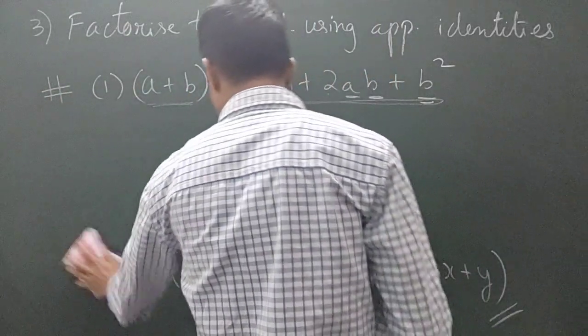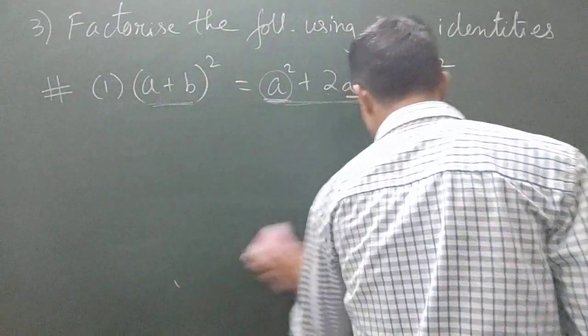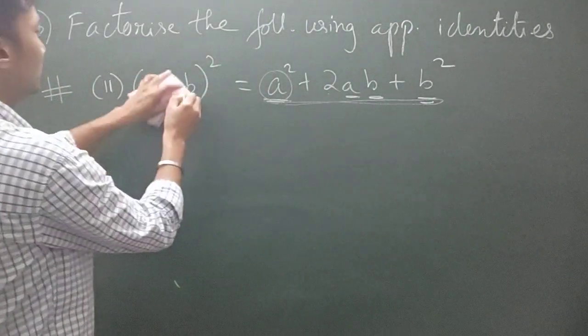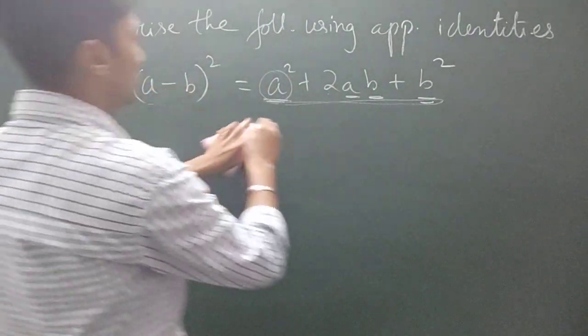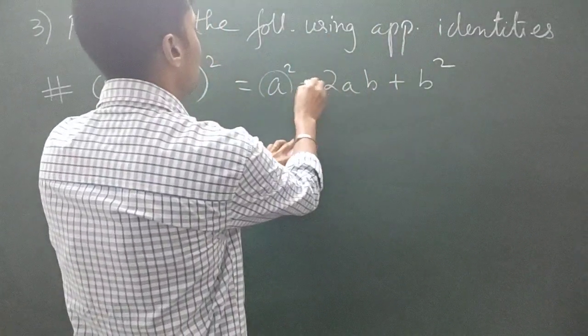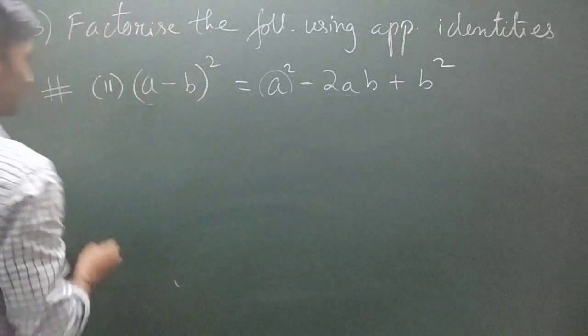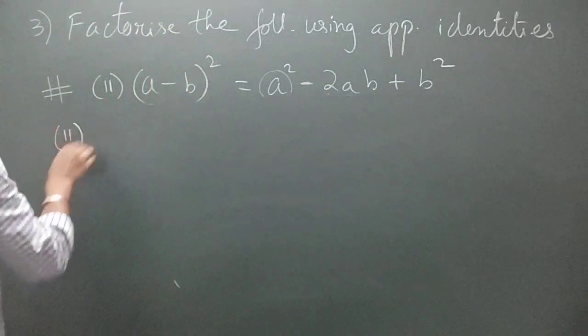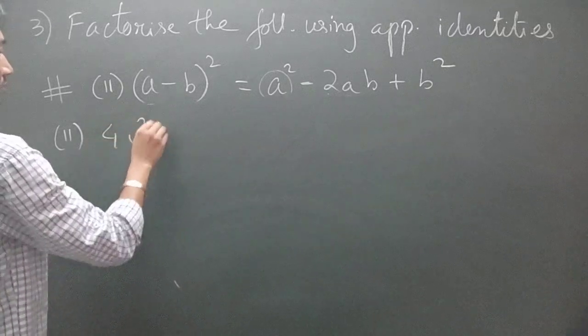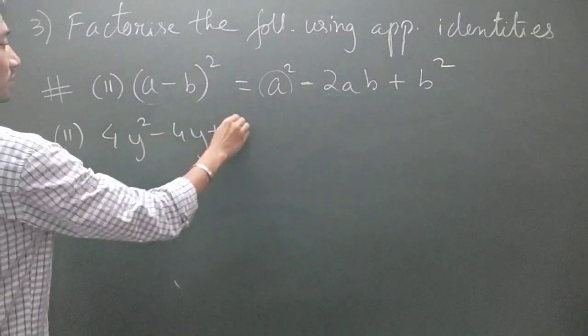Okay, for the second question, we are going to need that difference one. That's the second formula, that is (a minus b) whole square. Everything almost remains the same, just that the middle term is minus. So the second question is 4y squared minus 4y plus 1.